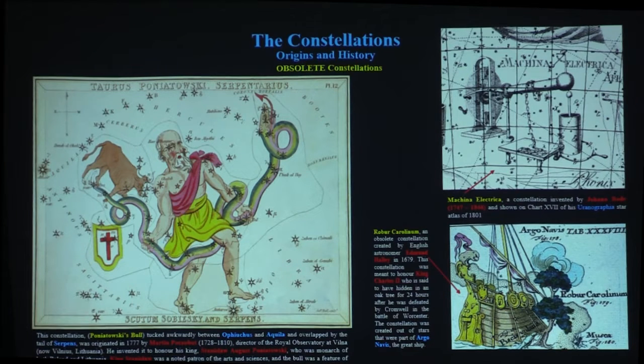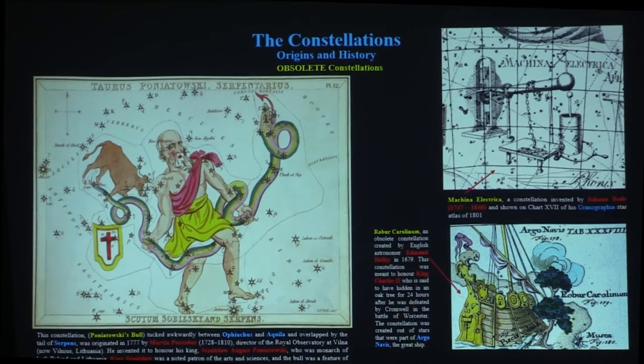Poczobut, director of the Royal Observatory, now in Vilnius in Lithuania. He invented it to honour his king, Stanislaw August Poniatowski. So to honour this Polish king. But it didn't really catch on. Poniatowski's bull, I mean, centuries on, who would think, who was that guy? So some of these things didn't last. So there's another failed constellation, if you like.